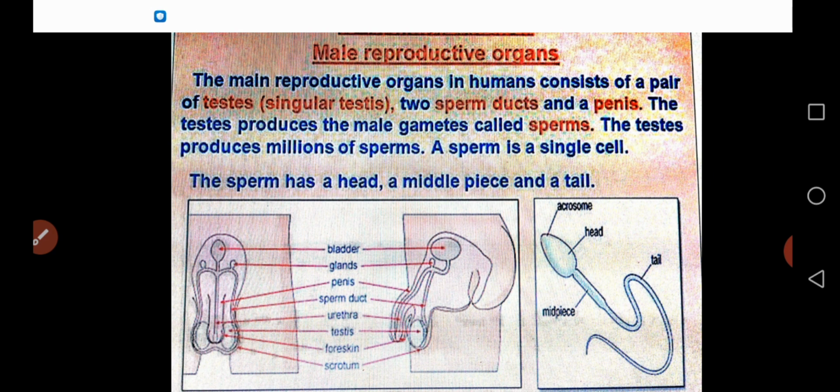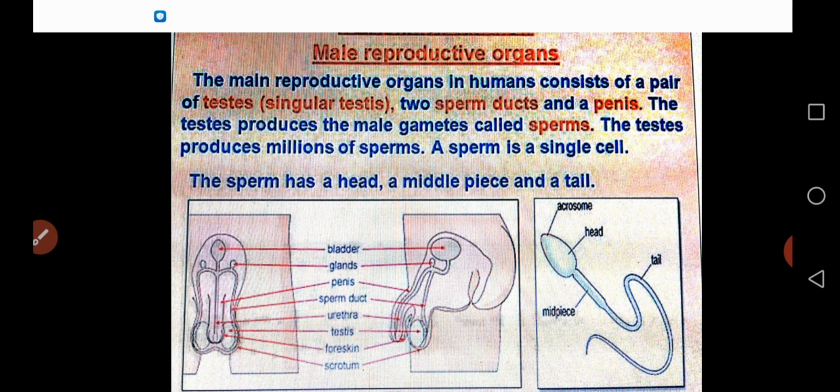Students, what is the main function of the testes? The testes are involved in releasing sperm and also releasing the sex hormone testosterone. Similarly, what is the main function of testosterone? Testosterone is a male sex hormone released from the testis. Usually the testosterone hormone brings about changes in the appearance of boys at the time of puberty.